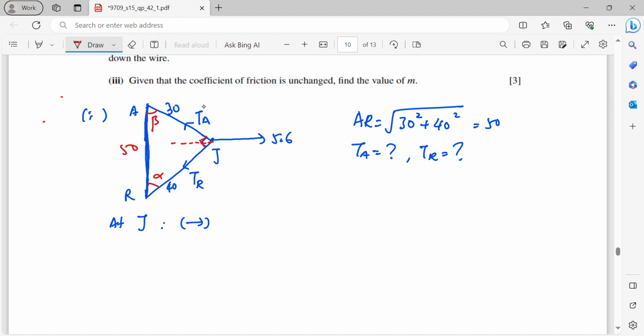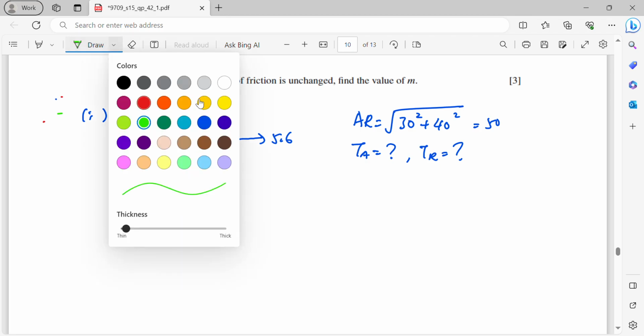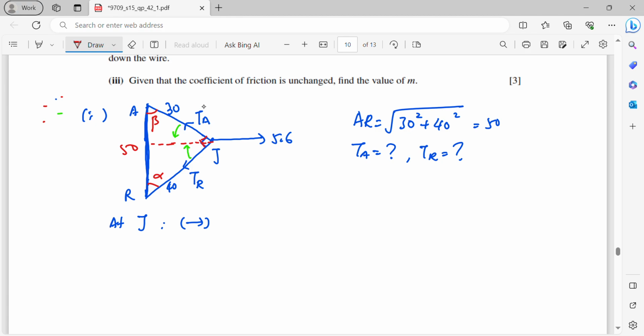Alright, so when I resolve horizontally, this is going to be my 90 degrees, right? If here is 90 degrees, this is alpha, that means here is beta. If here is beta, this is beta, that means here is going to be alpha. Agree? So alpha plus beta is pi over 2.